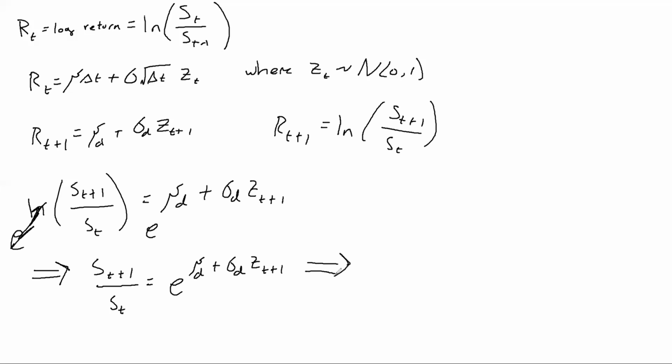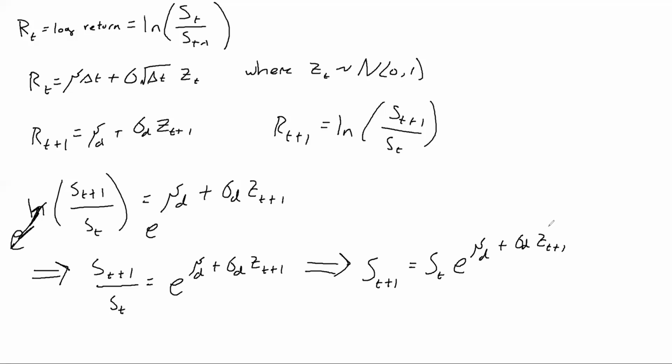Now you take it a step further, multiply both sides by today's stock price, or the recent period, and now we get the stock price of tomorrow equal to the stock price today multiplied by e to the power of our daily mean plus our volatility and z of tomorrow.